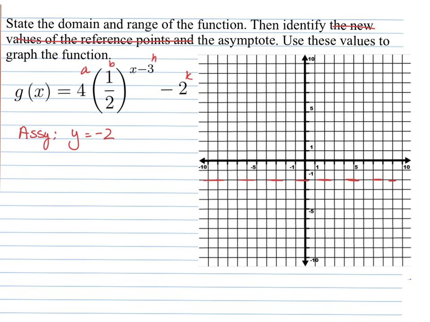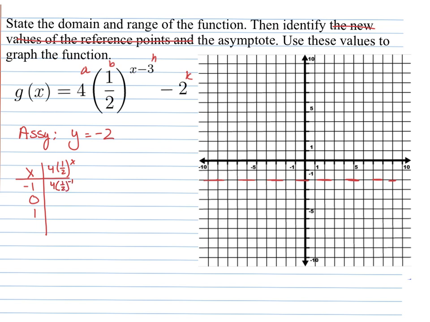So we're going to have two t-tables. One with just our 4 times 1/2 to the x part, and then one with our h and k shifts. So we're going to use -1, 0, 1, just like we did on the previous examples. And when we do that, we're going to have 4 times 1/2 to the -1.